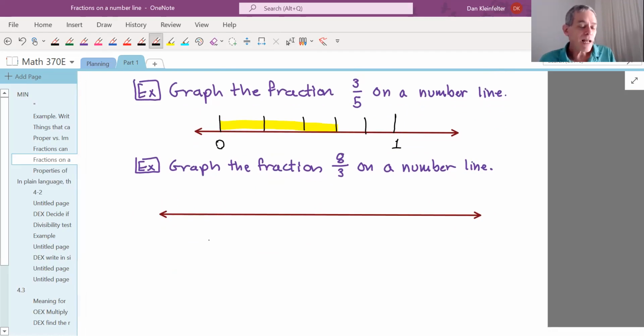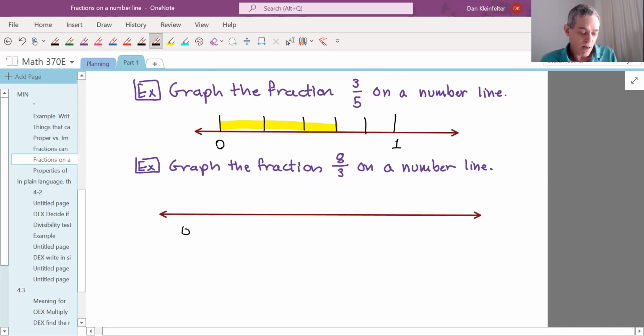For 8/3, I know that 1 has 3/3 in it. So 0 to 1 will have 3/3, and then 1 to 2 will have another 3/3. That gives us 6, and 2 to 3 will have another 3/3. So in all, we'll have 9/3 there. I need to go all the way out to 3 if we're going to represent 8/3.